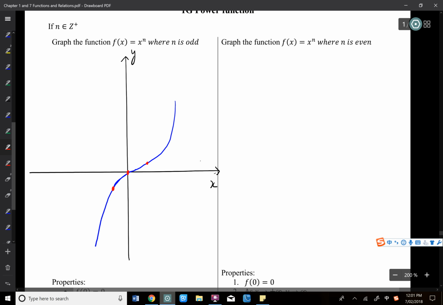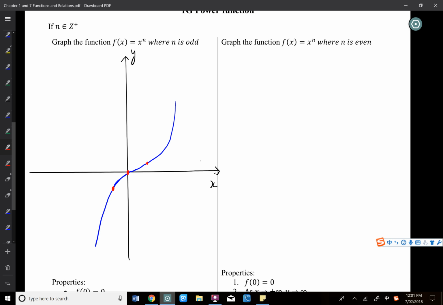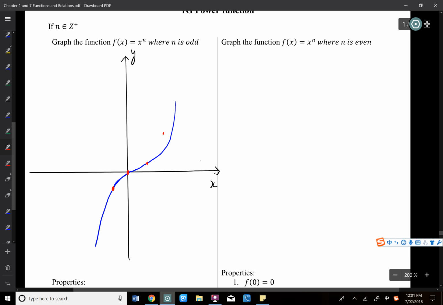If it's 2 to the power of 3 and 2 to the power of 5, which one is larger? 2 to the power of 5 is larger. So at the point 2, you have a higher graph compared to the blue one, but you also need to meet the points here.